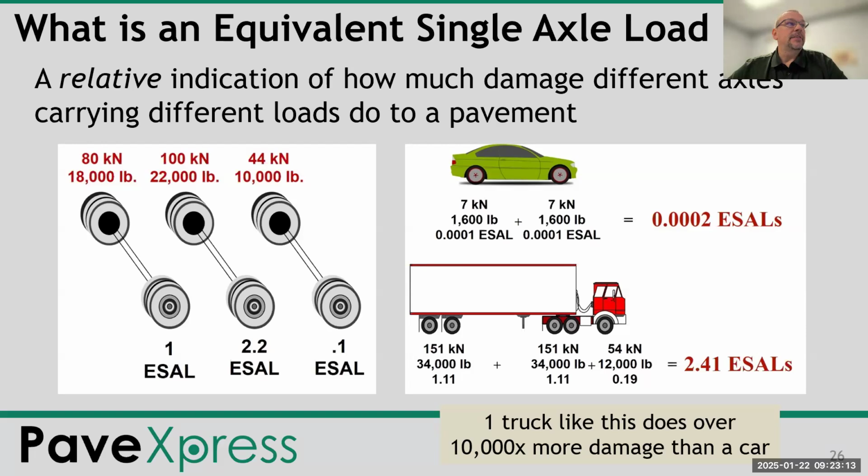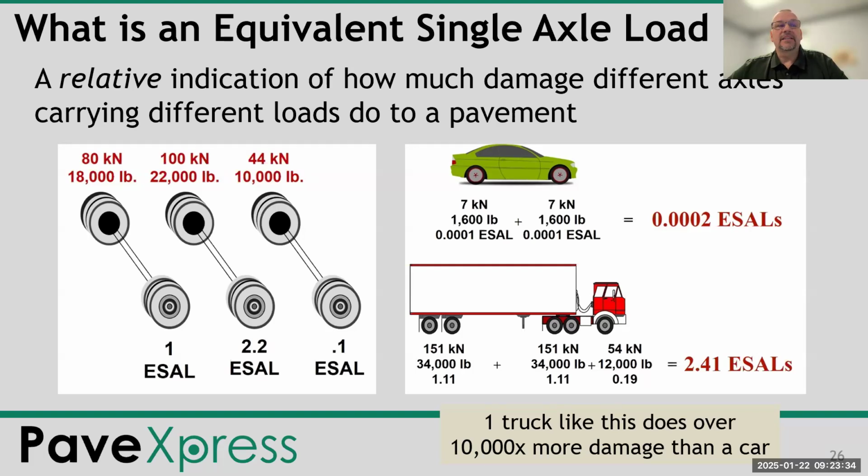So we think about a typical 80 kilonewton or 18,000 pound dual wheel single axle. That gives us that one equivalent ESAL. As you get heavier, you've got greater ESALs, or lighter, a lot smaller ESALs.